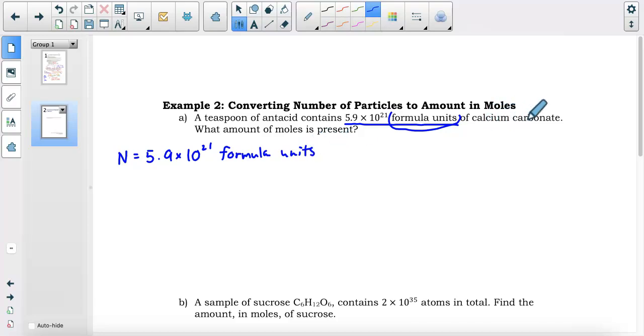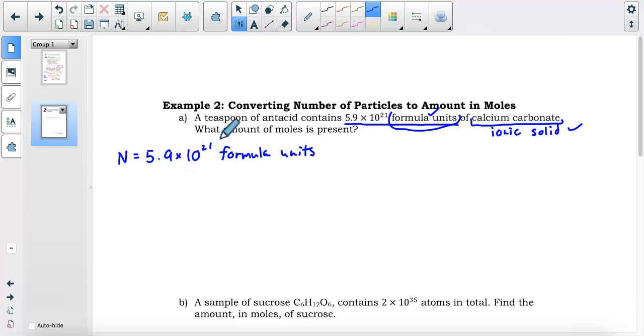Okay, we have calcium carbonate. Okay, we have Ca, this is a metal and non-metal polyatomic. So this is an ionic solid. So that's how we know that our units are consistent, which is what we like.